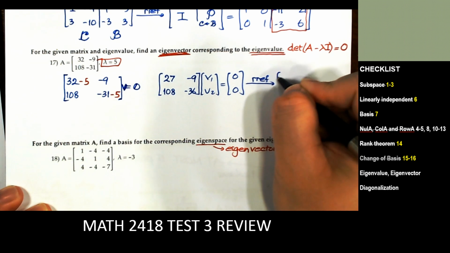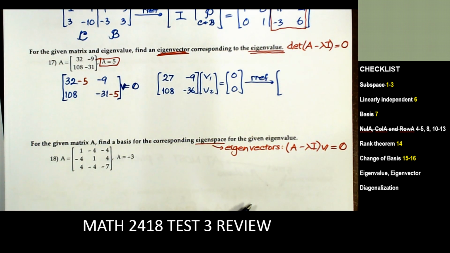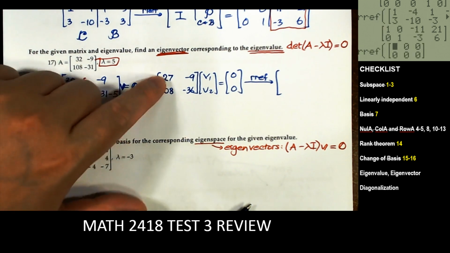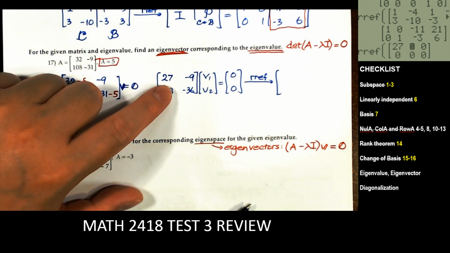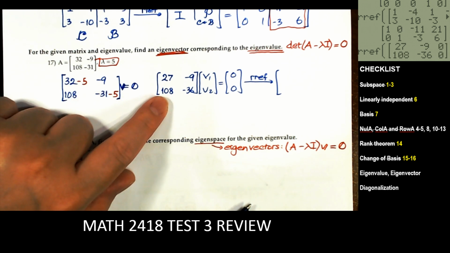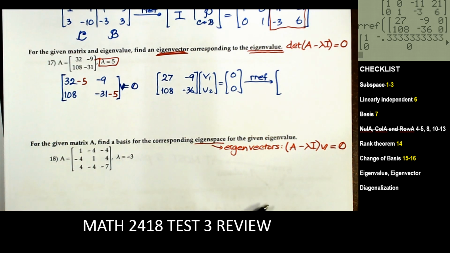I will do the reduced row echelon form here. Right, we have that. Change fraction.